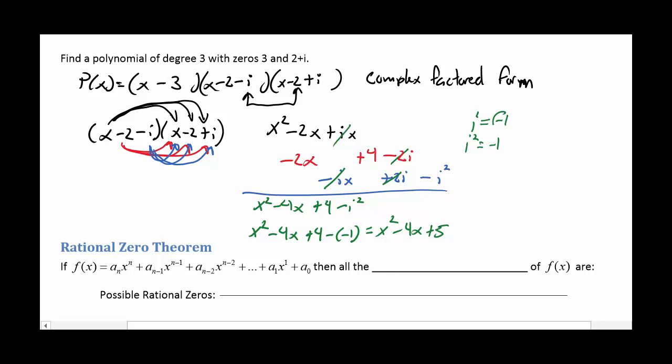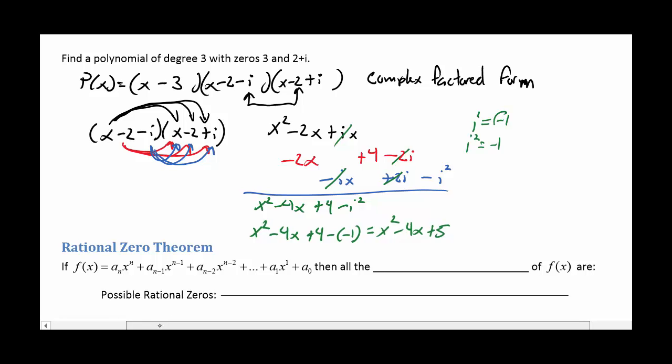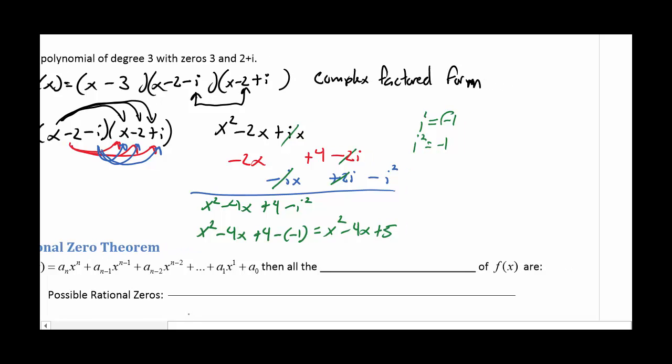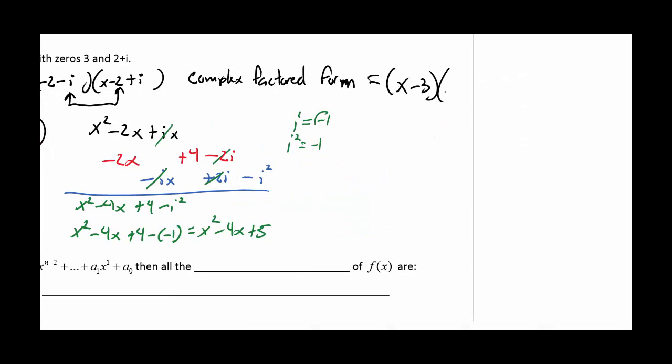Okay, now what does this have to do with anything? Well, remember all we did was multiply that x minus 2 minus i and that x minus 2 plus i. So that's going to bring us up to a different form of this polynomial. Okay, so p of x then, we have an x minus 3 and that thing that we just simplified, x squared minus 4x plus 5.